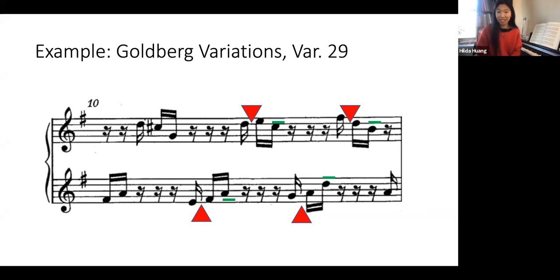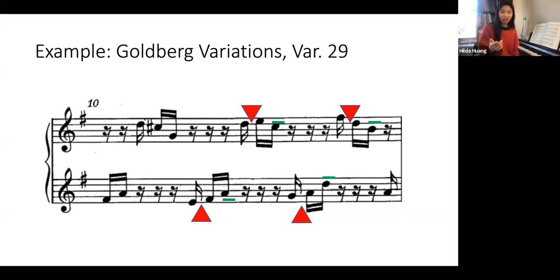I hope that's pretty clear that when I articulate before the strong metrical position, I'm really encouraging you to hear it as broken chords. Like I said, that's perfectly valid, but it's not everything. So let's go a little bit further.